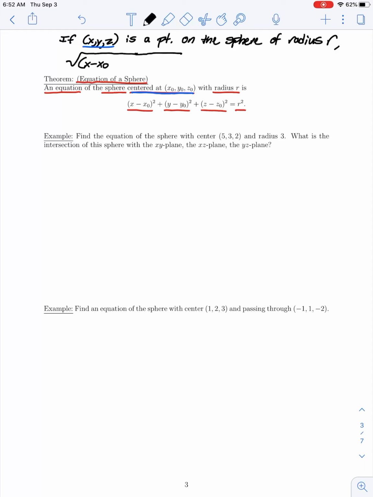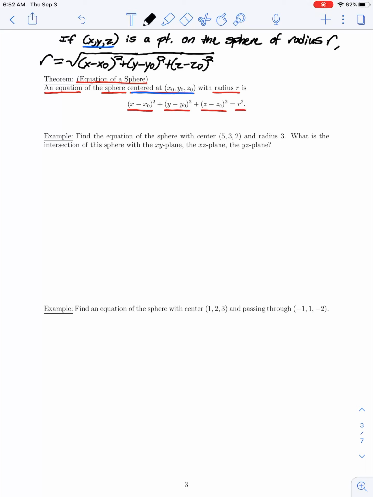So we would have x minus x naught squared plus y minus y naught squared plus z minus z naught squared. So that's the distance from any point on my sphere to the center, and this is what we call the radius of our sphere, the distance from some point on the sphere to the center.